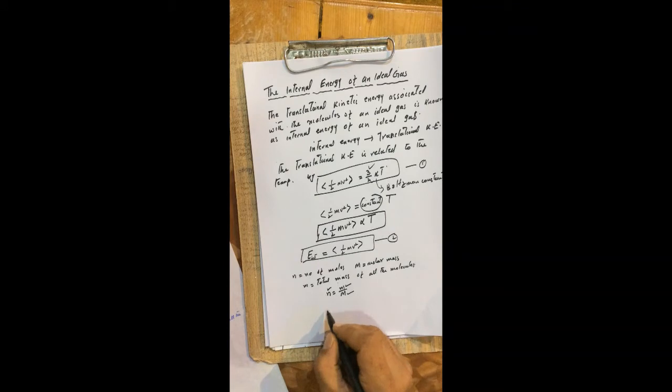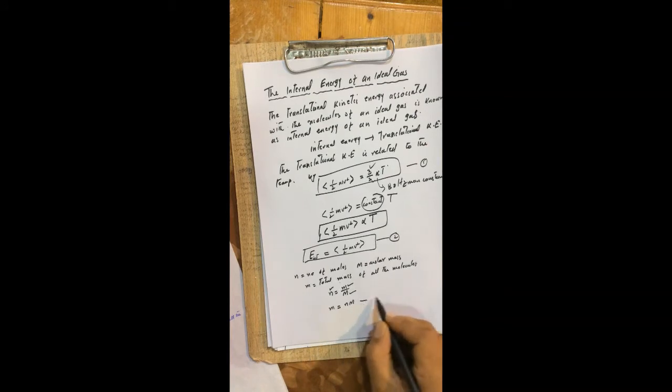From this I can get the total mass, m, which is equal to n times molar mass. Let's say this is my equation number 3.